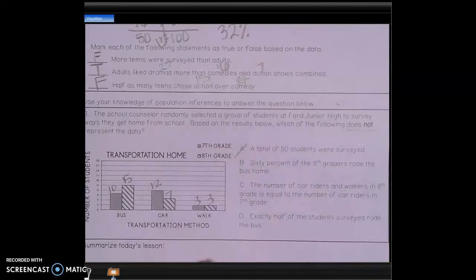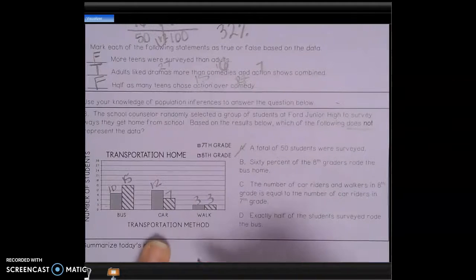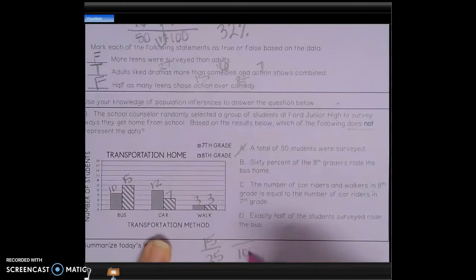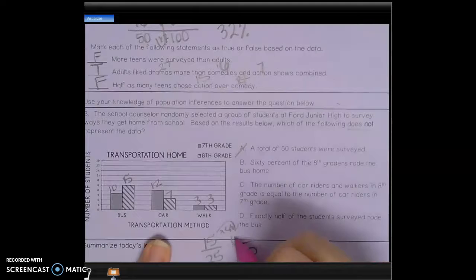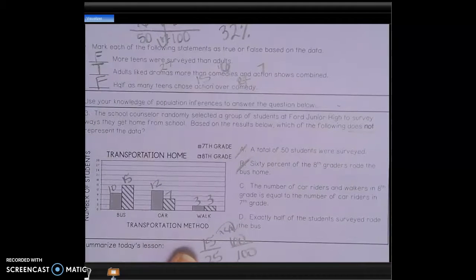Yes, 50 students were surveyed. 60% of the 8th graders rode the bus home. So we have 15 out of 25. I set that up with this proportion, times 4. 15 times 4 is 60. That is also true.